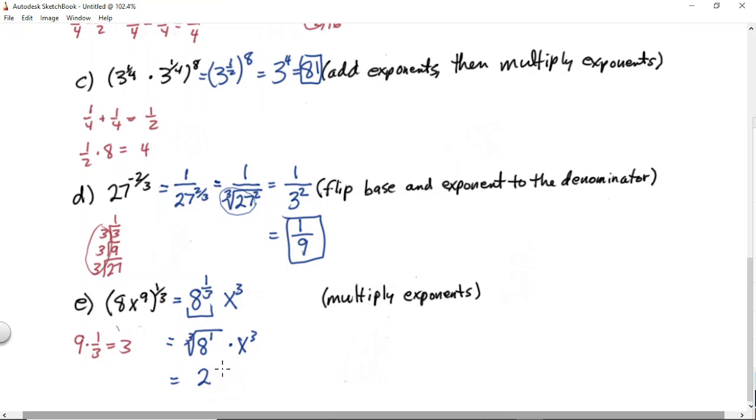And you just bring down the x to the third. And that's it. Okay. So just to sort of recap, do all your exponent arithmetic. Then when that's all finished, if necessary, put it in radical form to simplify.